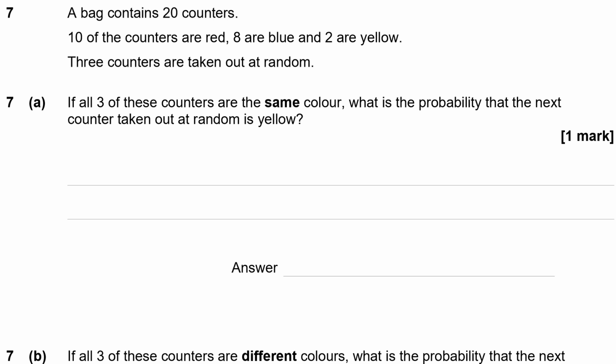So we're saying 3 of the not yellow ones must have been drawn out, which leaves 17 counters altogether, of which 2 are still yellow. So the probability that the next one pulled out is yellow is going to be my 2 remaining yellow counters out of my 17 counters in total.